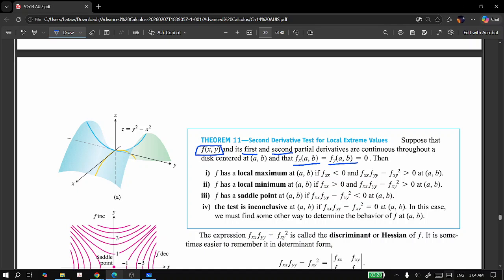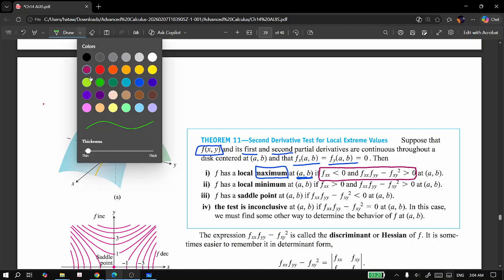Then f has a local maximum at (a,b) if we know that f_xx is less than 0 and f_xx f_yy minus f_xy squared is greater than 0. So having those two conditions gives me a local maximum point.